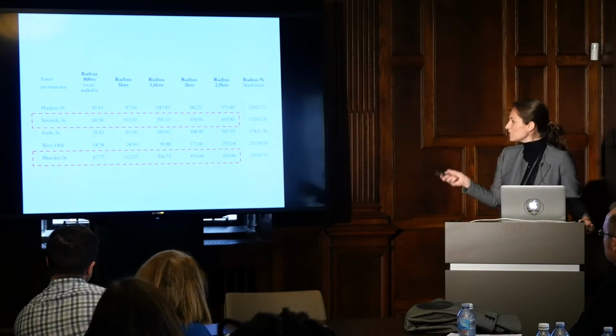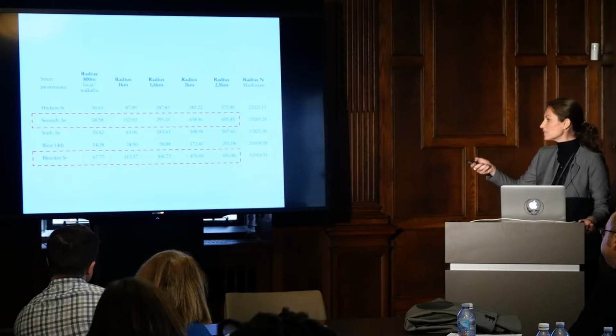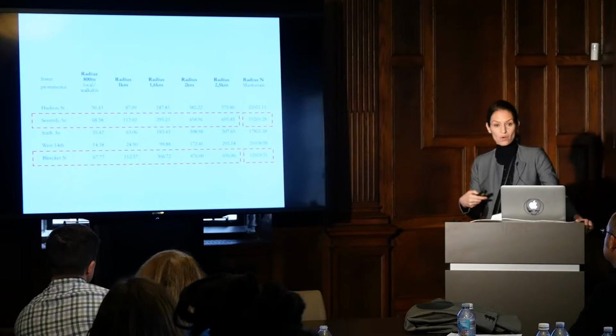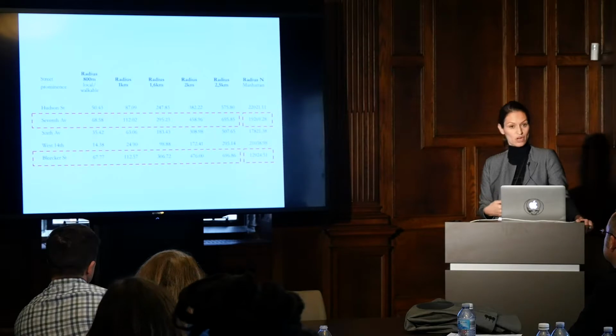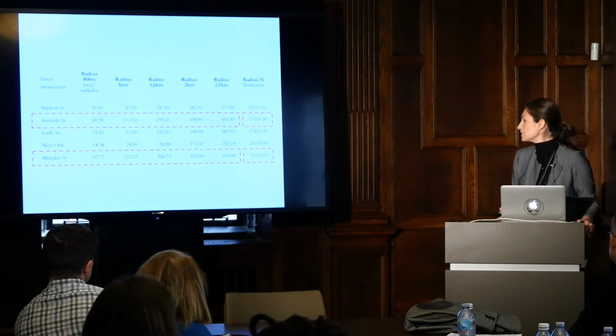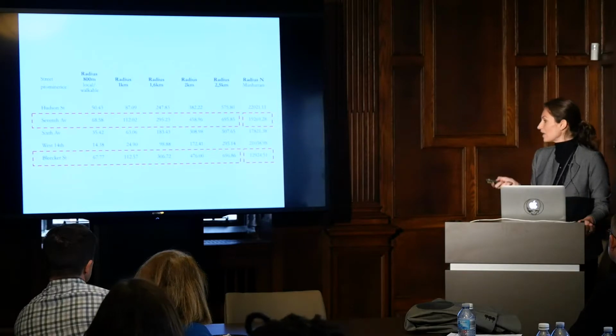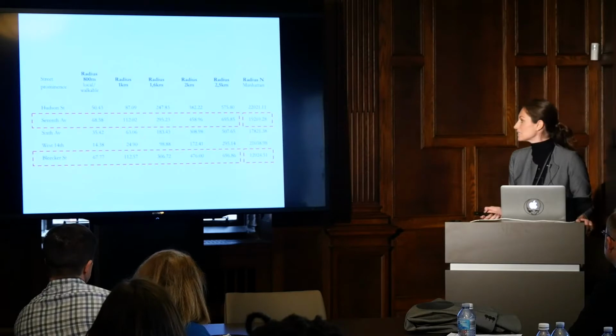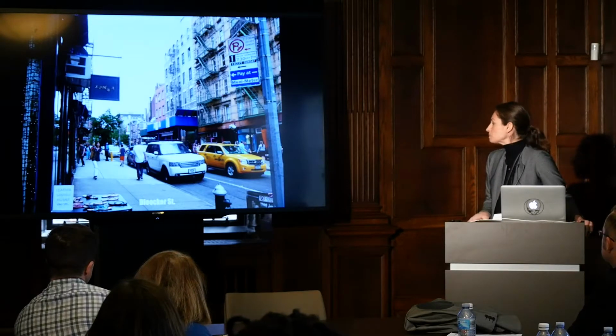And while these streets are quite prominent at a local and extended neighborhood level, at the city level we see again this stark difference between how relevant 7th Avenue is compared to the local main street that was more relevant for the local community, which was Bleecker Street. So again, Bleecker Street was not as prominent as 7th Avenue when we were looking at citywide connections.